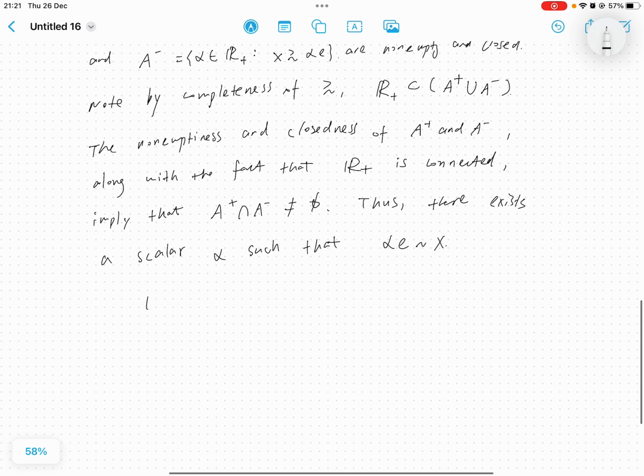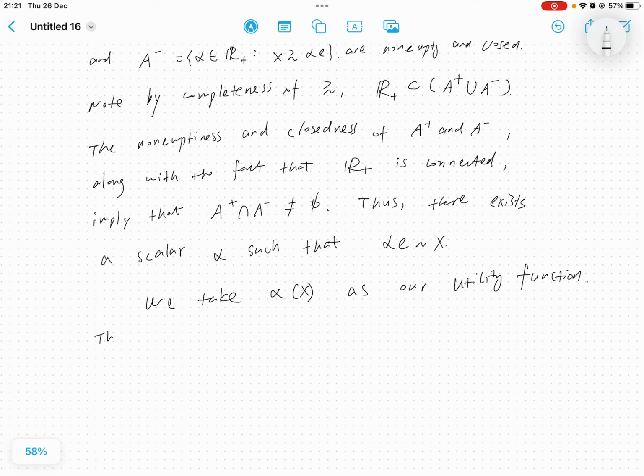Okay, so now we take this alpha x, which normally we write as u(x), the utility function. So finally we have our utility function.